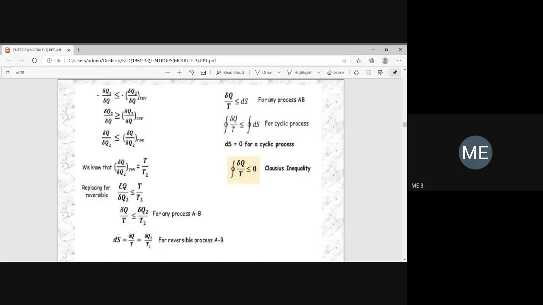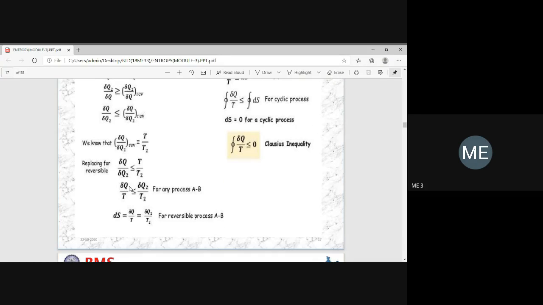So dq divided by dq2 is less than or equal to T by T2, or dq by T is less than or equal to dq2 divided by T2. And remember, this is for any general process AB. So dq by T is less than or equal to dq2 divided by T2 for any process AB.